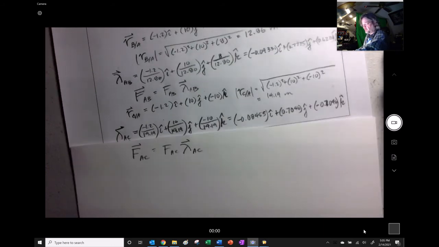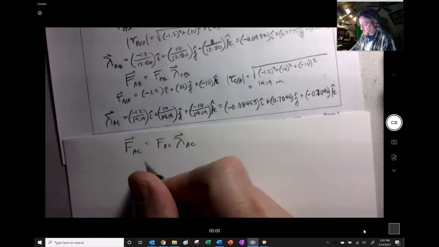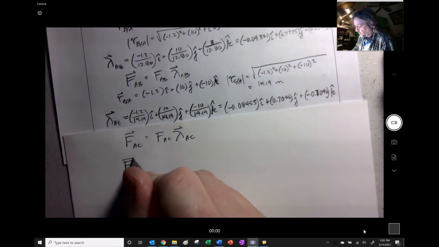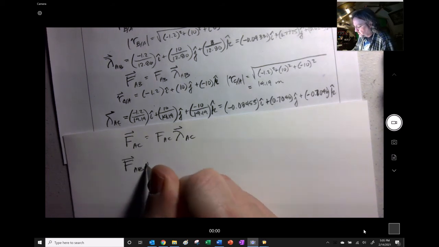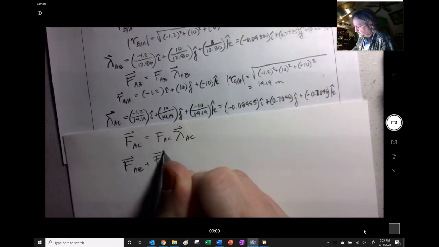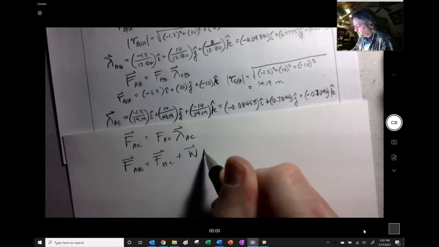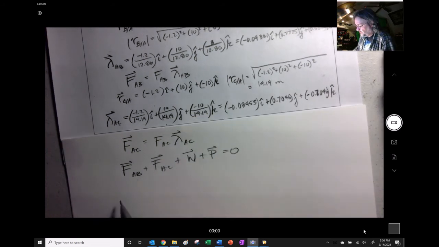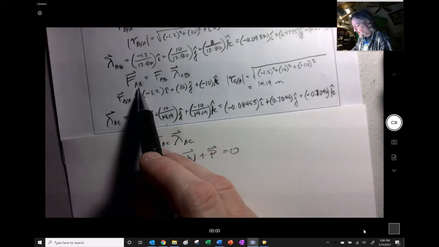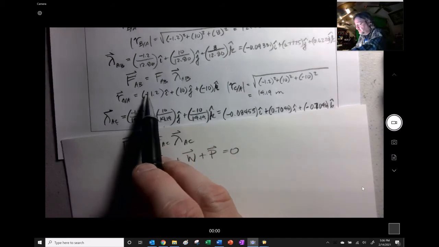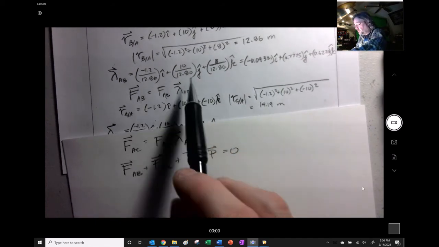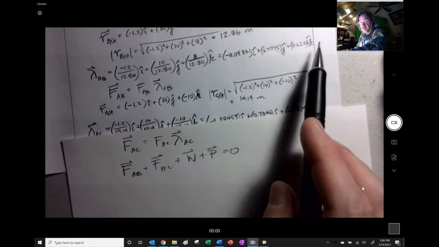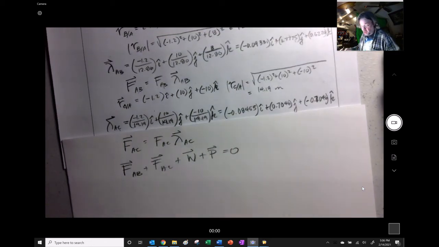Let me rewrite this equation down here. I'll take that FAB, magnitude times each of these things.